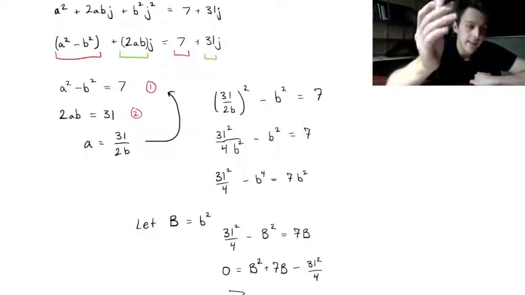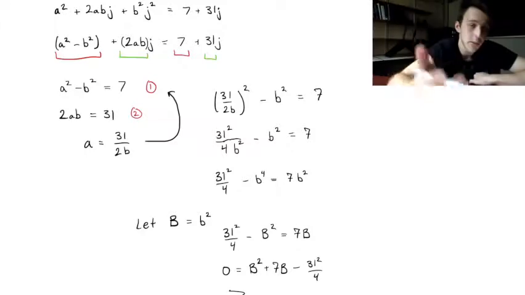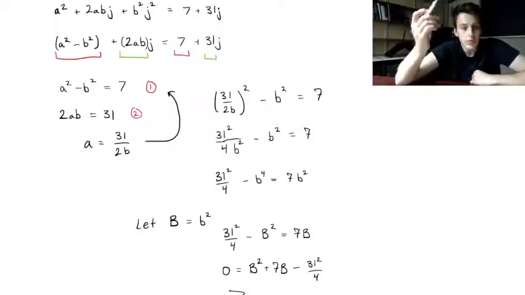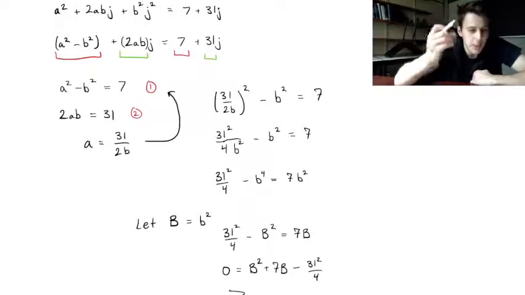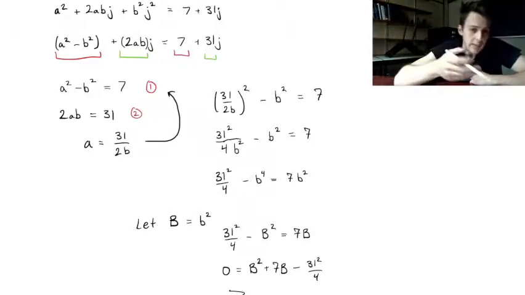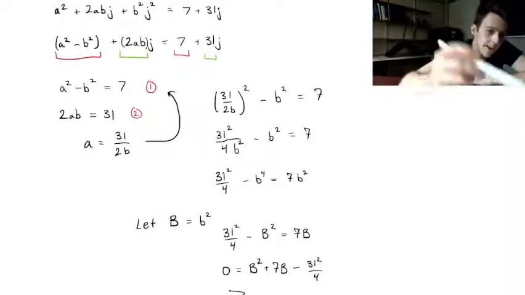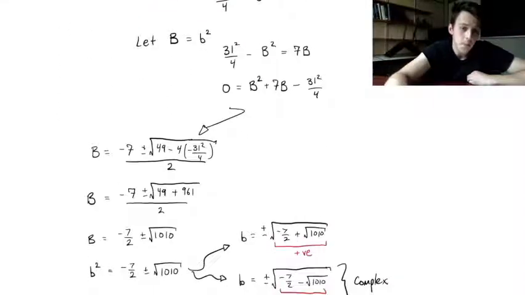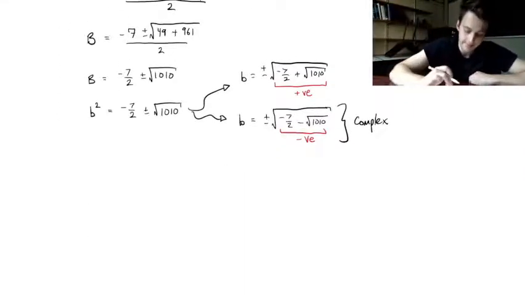And that is not allowed; that's a restriction on the equations. So we need to consider all the solutions, but we also need to check that they make sense. In summary, lowercase b cannot be complex because it'll make a complex and then our real component will not be real. Hope that made sense.